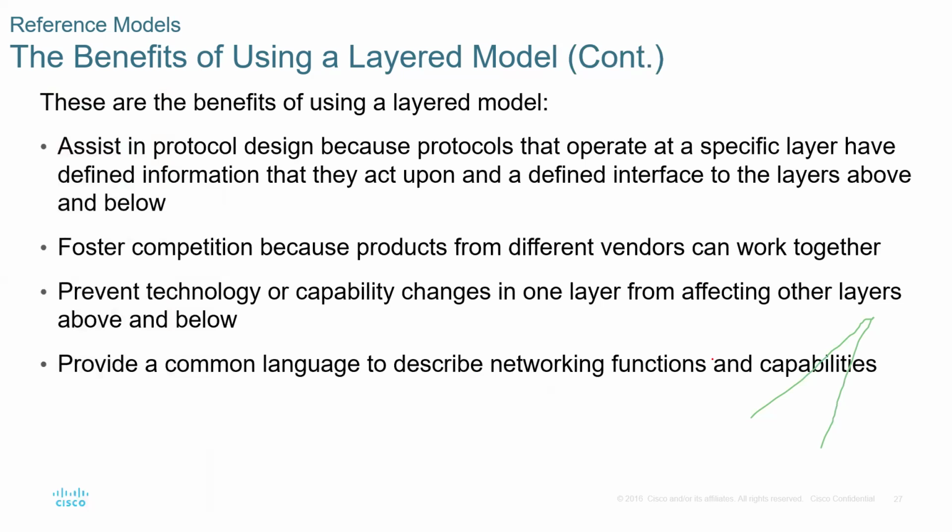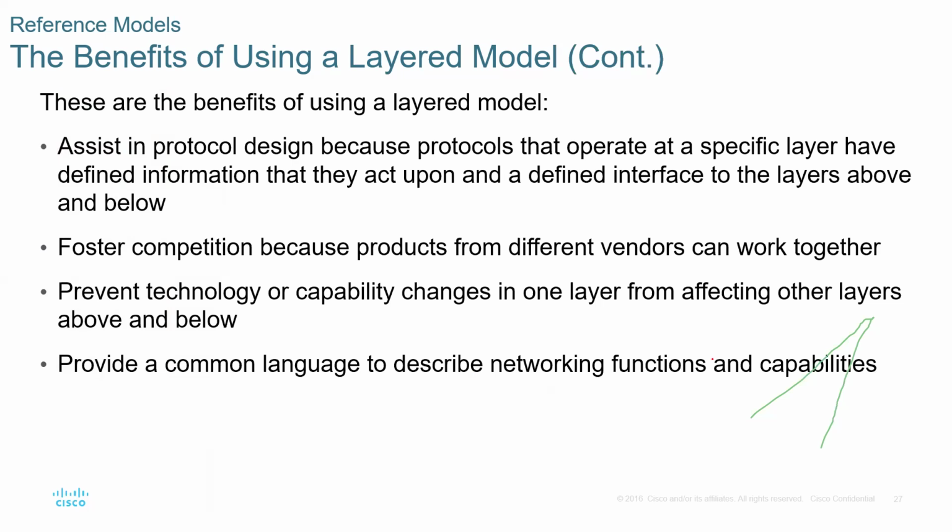They foster competition because products from different vendors can work together. They prevent technology or capability changes in one layer from affecting other layers above and below. They provide a common language to describe network functions and capabilities.